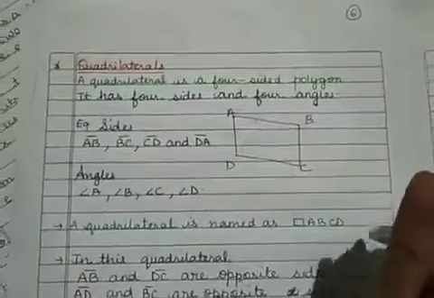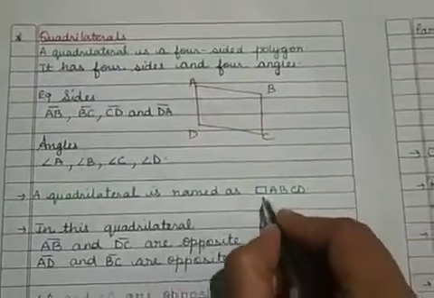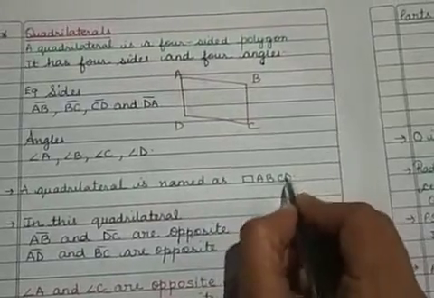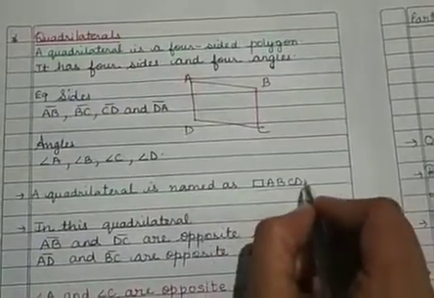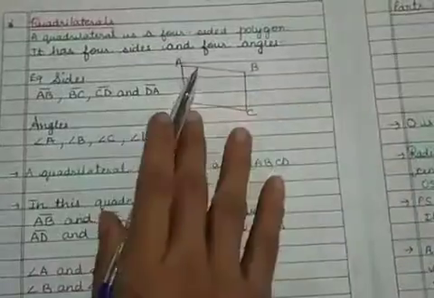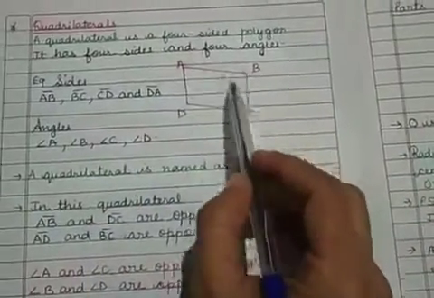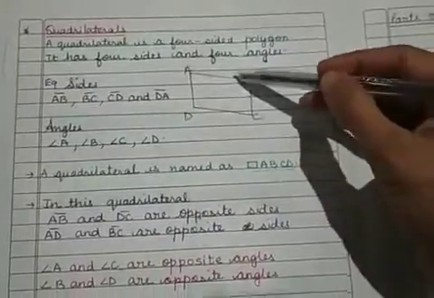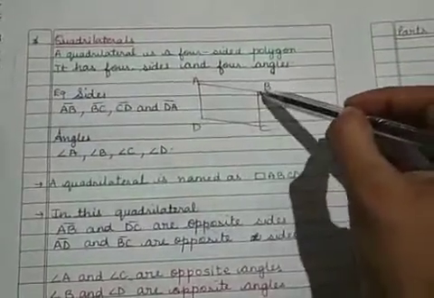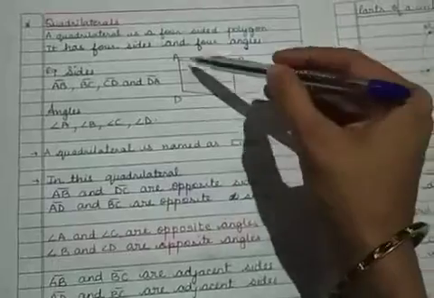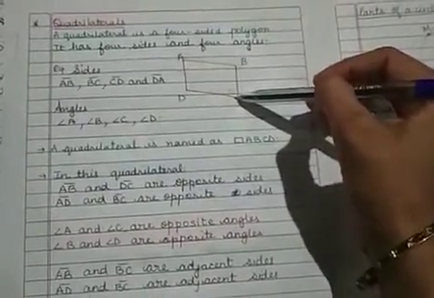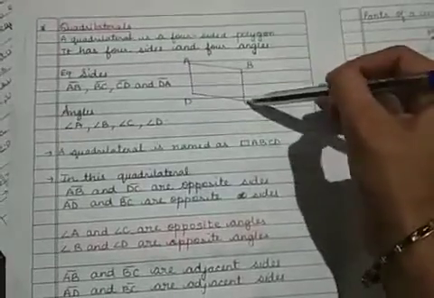And how is a quadrilateral named? This is read as quadrilateral ABCD. This is the notation. Now if you look at this quadrilateral, sides AB and DC are opposite to each other, right? And side AD is opposite to side BC. So AB and DC are one pair of opposite sides, and AD and BC are the other pair.